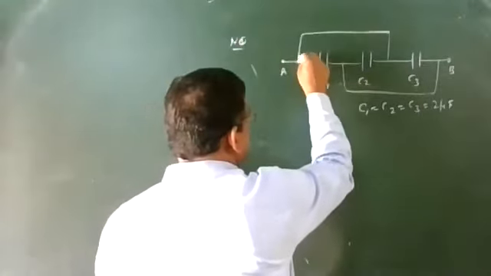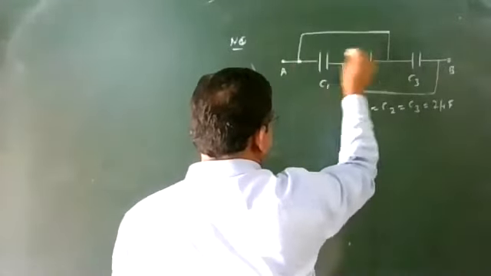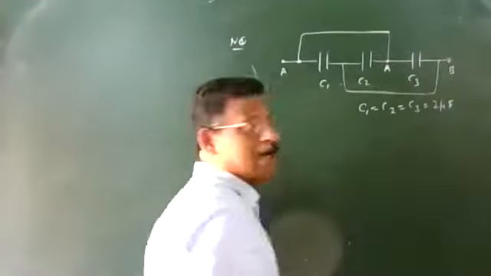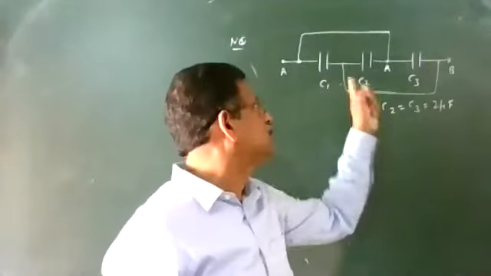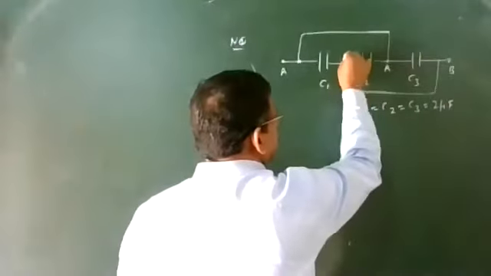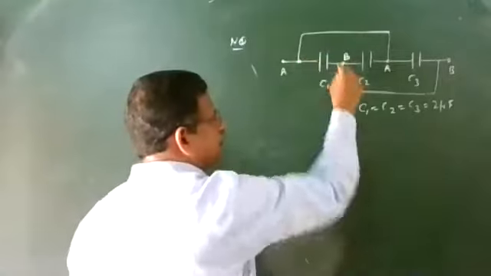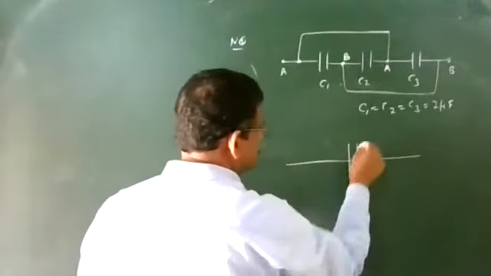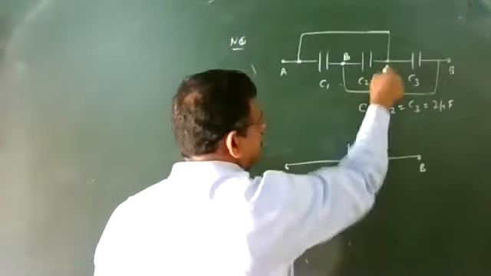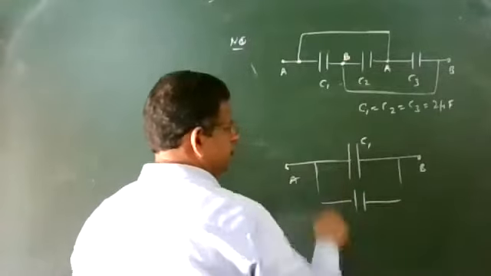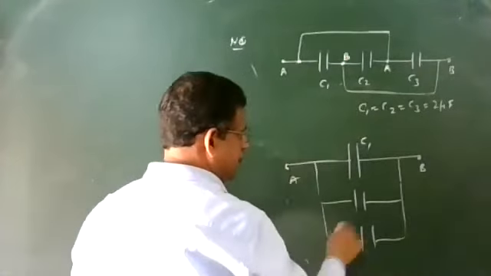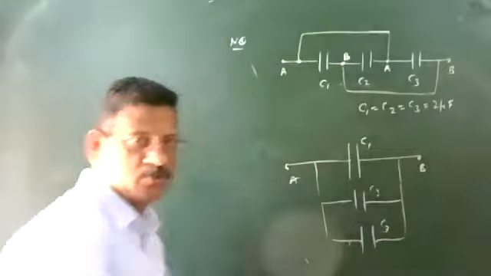When a wire is connected from here to here, the potential at this point is the same, so we call that point A. From here we are connecting the wire to this point, so it will also be the same point B. So C1 is connected between A and B, C2 is connected between A and B, and C3 is also connected between A and B. The diagram changes to a parallel connection.